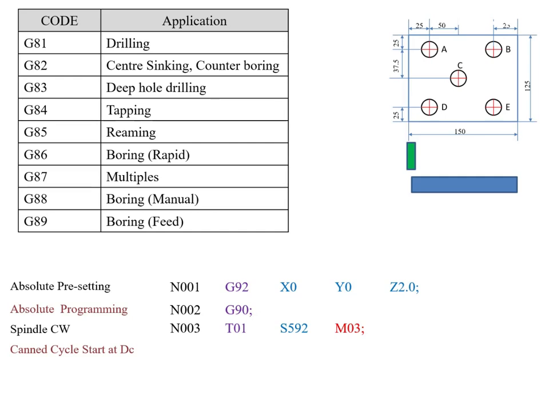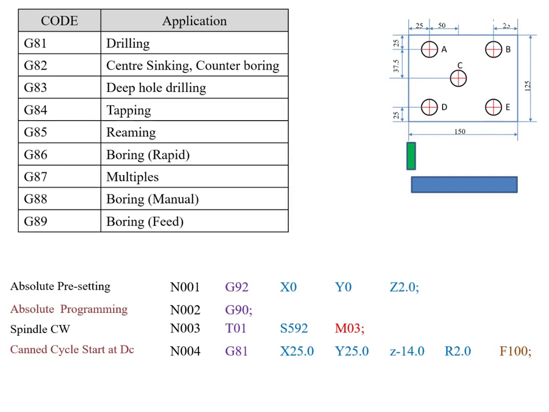Here the drilling location is D, that is X25, Y25, and Z is the depth of the hole, that is minus 14 mm, and R is the position of the clearance plane, that is 2 mm, and the feed rate, let us consider, is 100. So my next block is N004, G81, X25, Y25, Z-14, R2.0, F100.